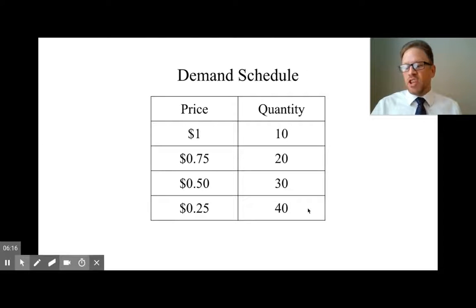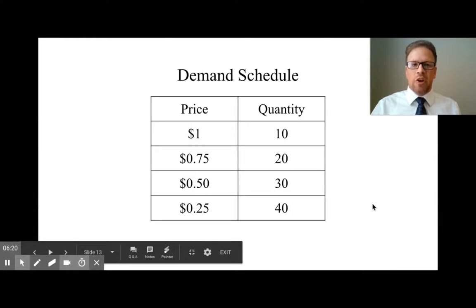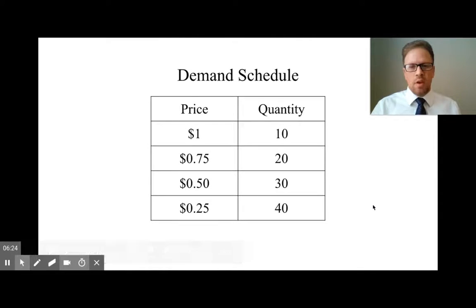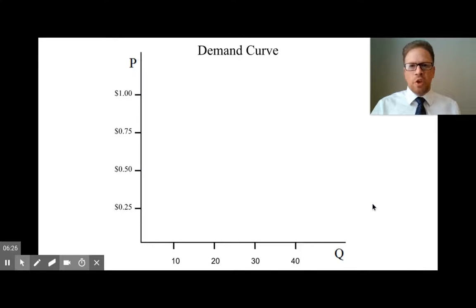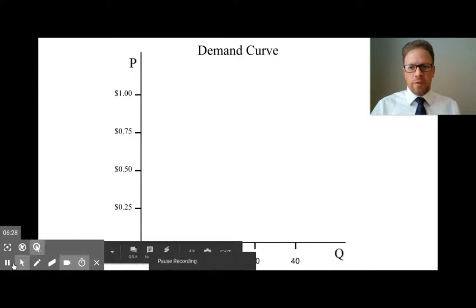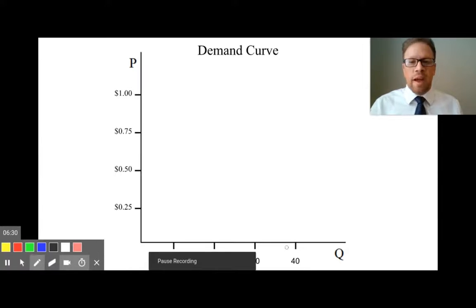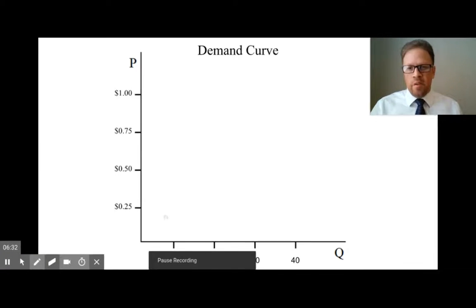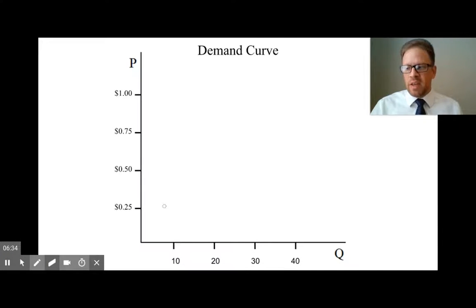Now, the information in a demand schedule is often represented in what's called a demand curve. It's an easier way to look at this because you can just use your eyeballs. So a demand curve. All right. How this works? Well, the information you had in your demand table or your demand schedule, you basically plot that.